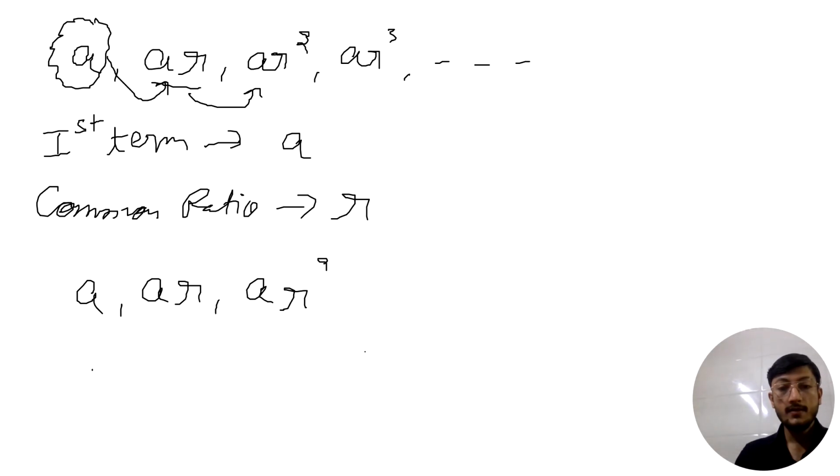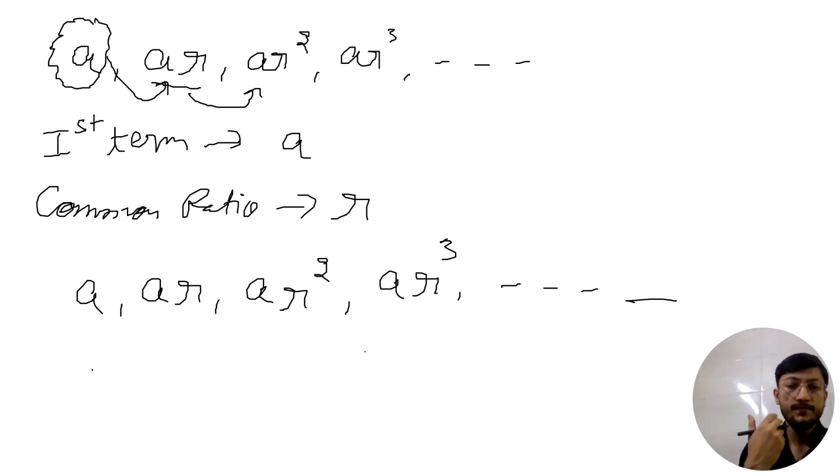Our main purpose is to find the nth term, that is, the last term. We generally suppose n is our last digit, so according to n, what is our last term, or the general term, Tn.